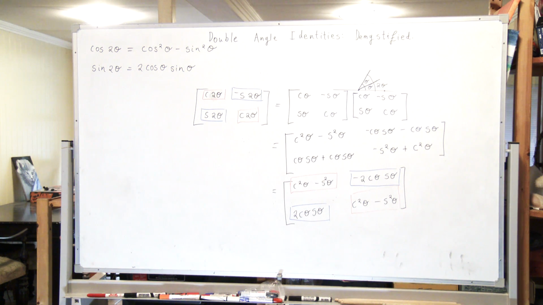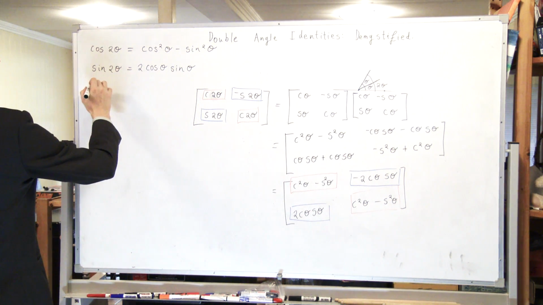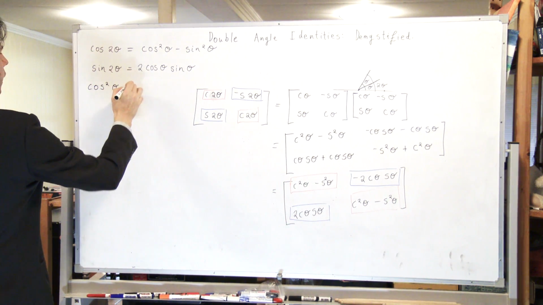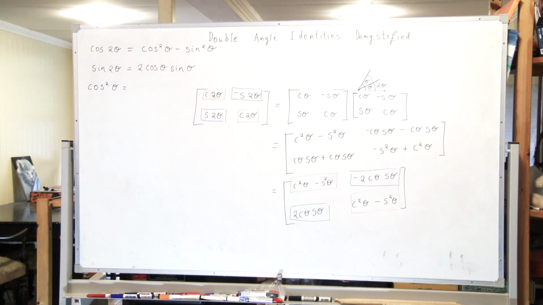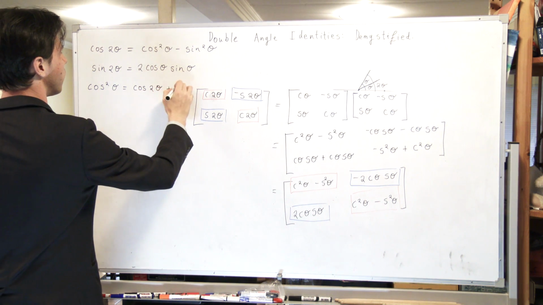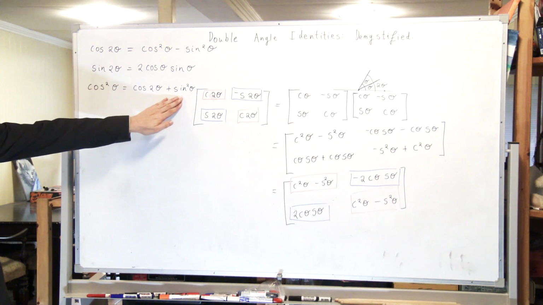Okay. Now, let me see if I can use these. What would make the double angle formulas really useful would be to change them into the form where I can say cos squared of theta equals something. Okay, that's kind of useful. Let's see if we can get rid of this sine squared theta.